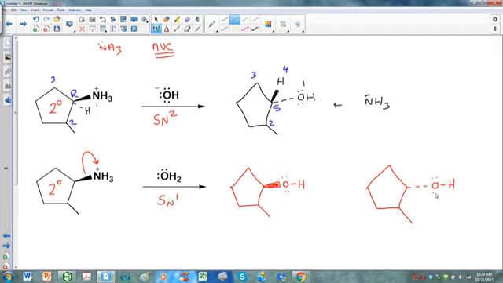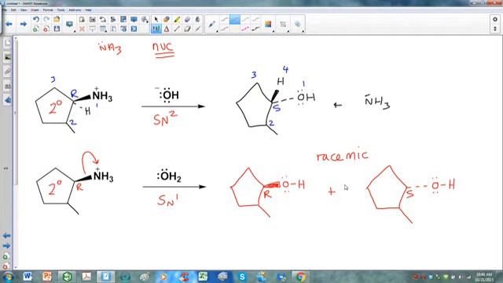These are enantiomeric products. They're present in a 1-to-1 ratio. If you remember, this is a racemic mixture. If you look at the stereochemistry here, it's the same as it was up here. This is R, meaning this guy is R and this is S. So our stereochemistry is mixed here.